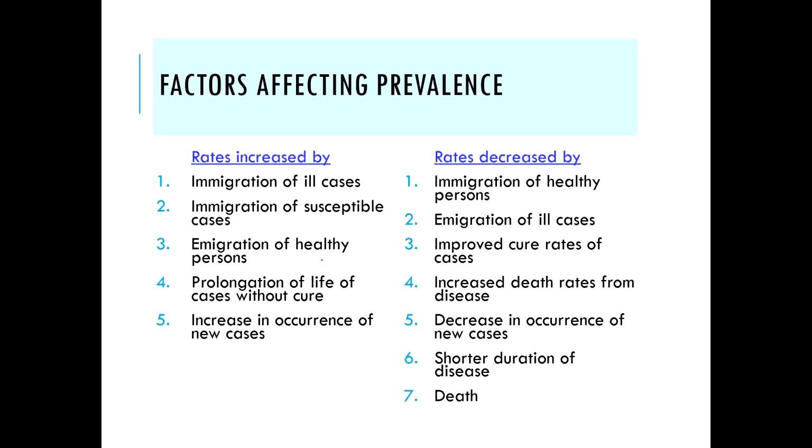If there is prolongation of life, or if the survival rate of the community is high, it can increase prevalence of non-communicable diseases. And if new cases are occurring, definitely it means the incidence is increasing, and incidence multiplied by the time period for which it is available will help us in calculating the prevalence.